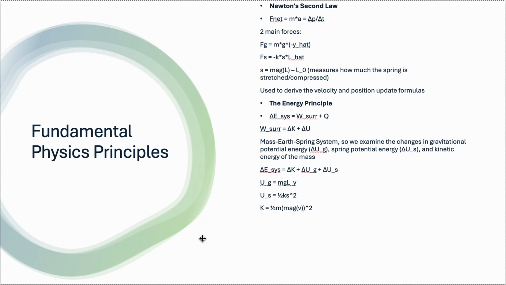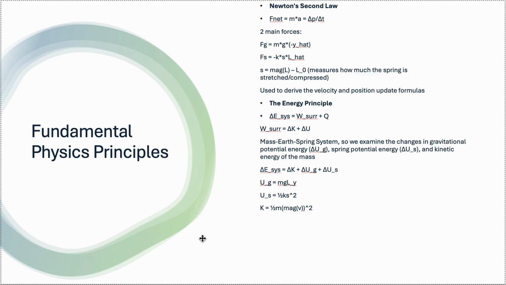Where the force of the spring is just negative k, k is the spring constant, times s. s is just a measurement of how much the spring is stretched or compressed, which is just the magnitude of the length of the spring, L minus L naught, which is the relaxed length of the spring. And all of that times L hat, which is just the direction the force is applied. So we use that to then derive the velocity and position update formulas for our code.